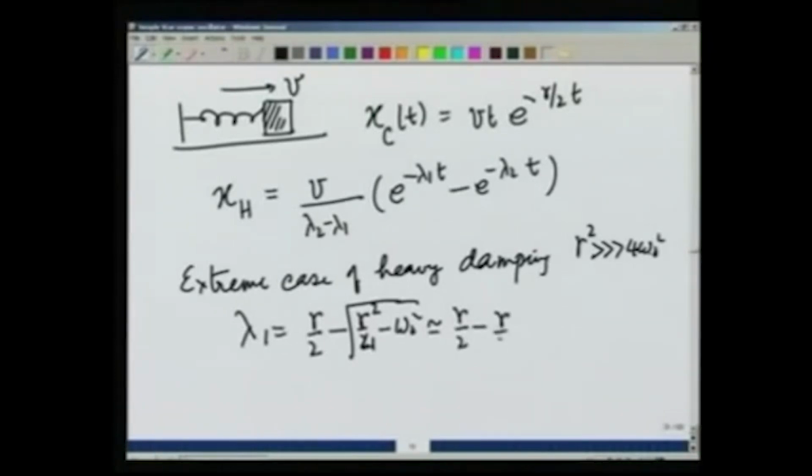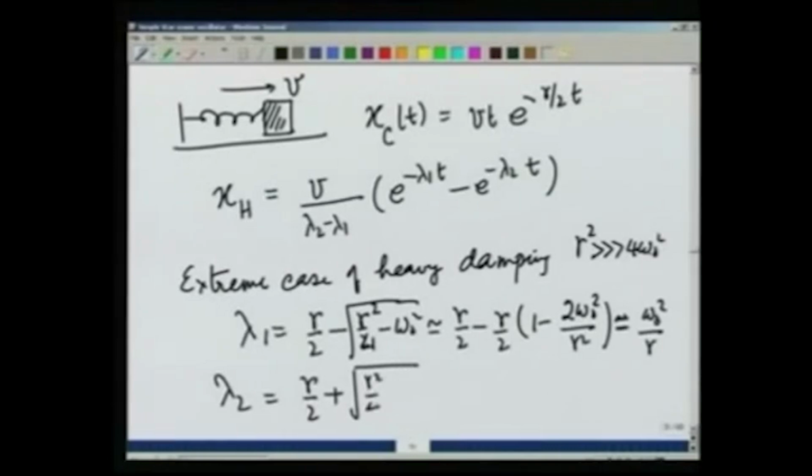minus gamma over 2 times 1 minus 2 omega 0 square over gamma square, where I have used the binomial theorem, and this is roughly equal to omega 0 square over gamma. And lambda 2 is equal to gamma over 2 plus the square root of gamma square over 4 minus omega 0 square, which is approximately equal to gamma itself, much greater than omega 0 square over gamma.